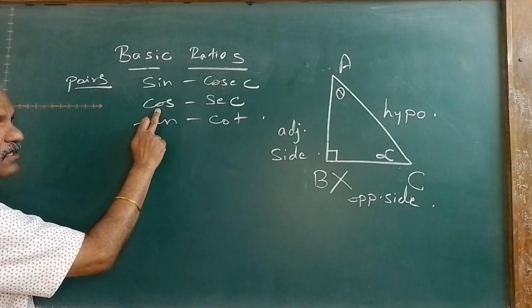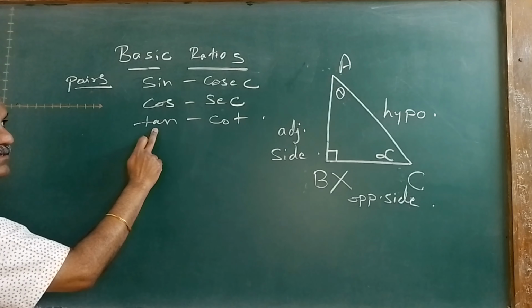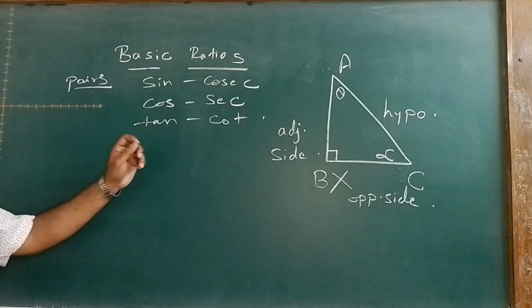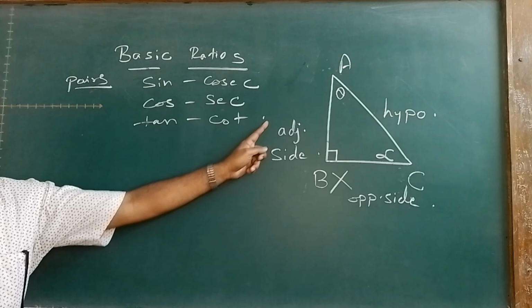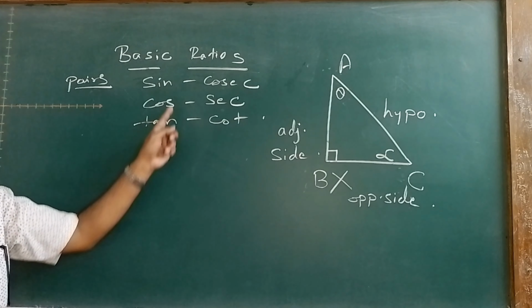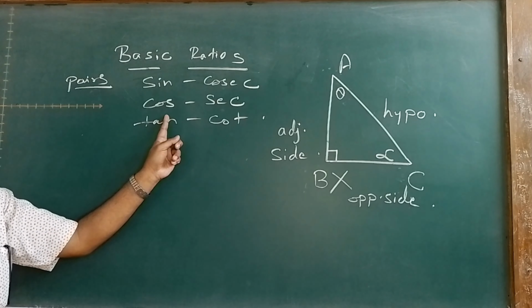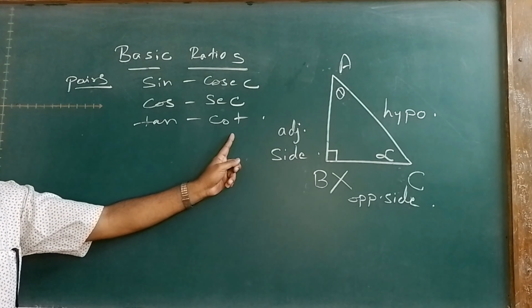Second pair, cos, sec. Third pair, tan, cot. I'll give you a couple of seconds. Just try to remember this. It's very important. Sine, cosec, cos, sec, tan and cot.